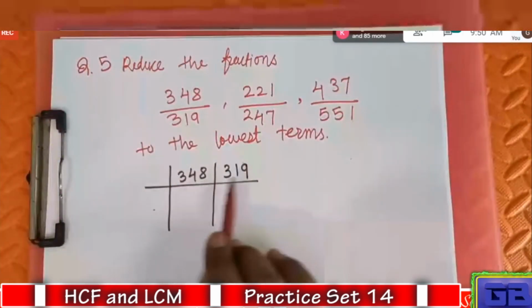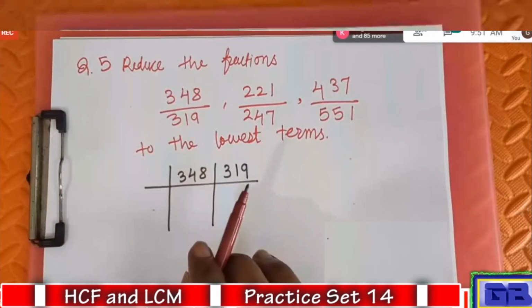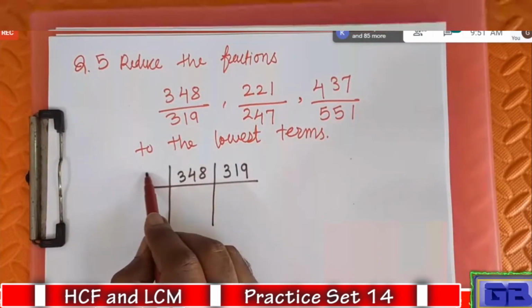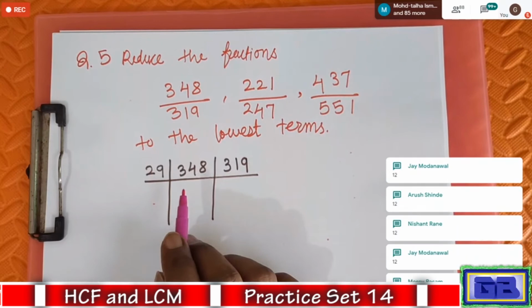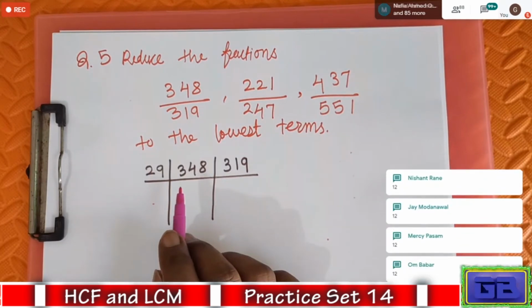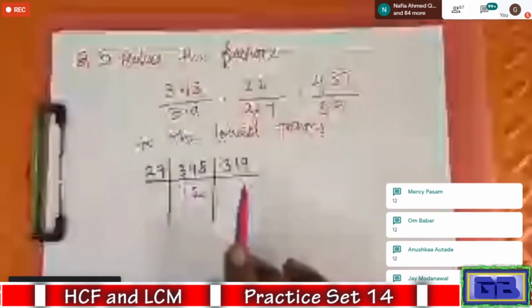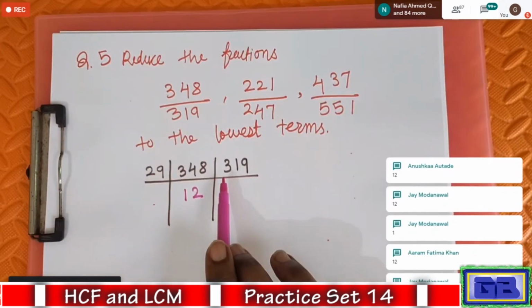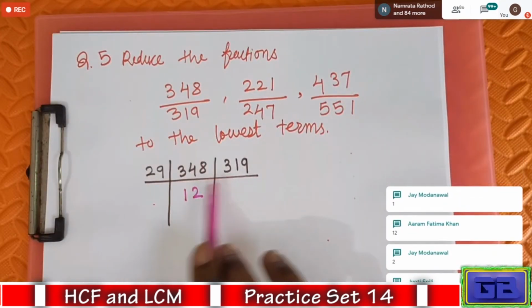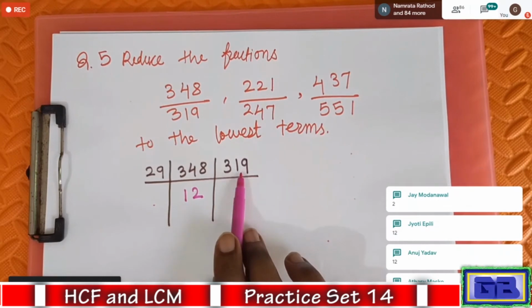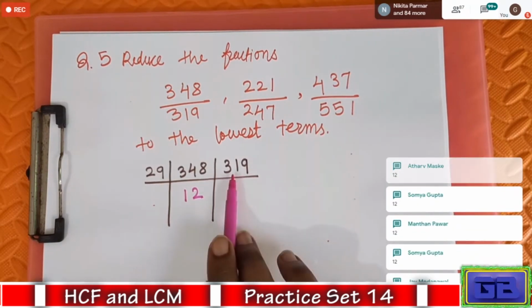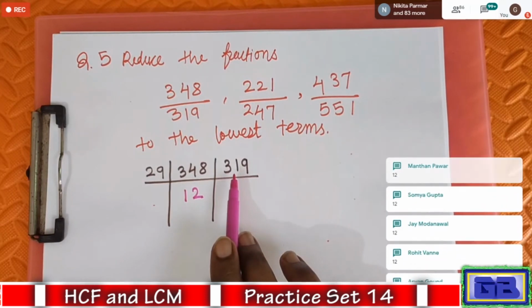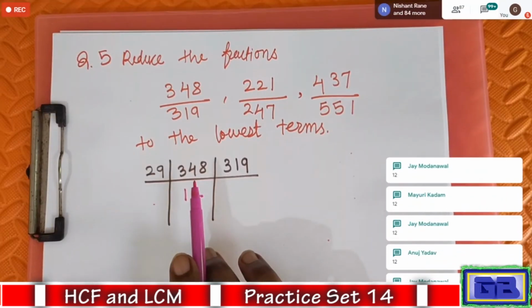Now these two numbers are divisible by only one number, and that is 29. Yes, answer is 12. And now next question, you have to divide now this number 319 by 29. Tell me what answer is coming now. 11.